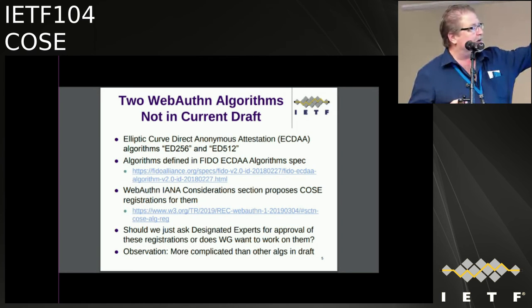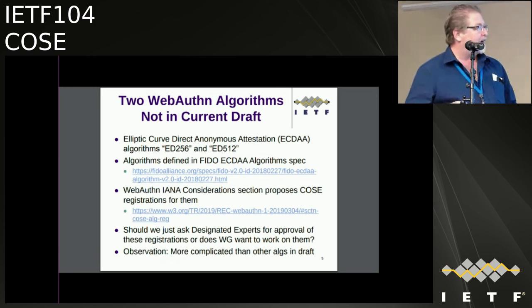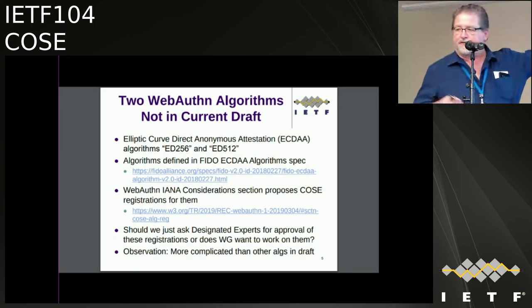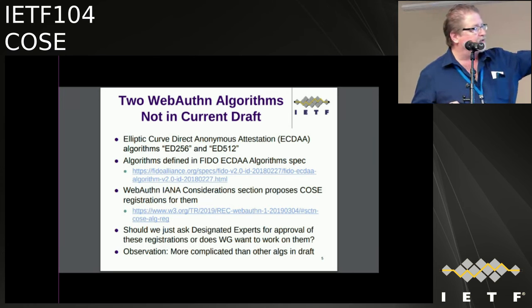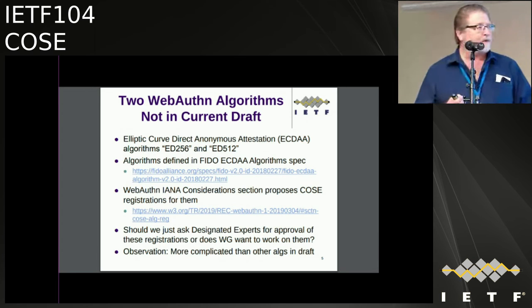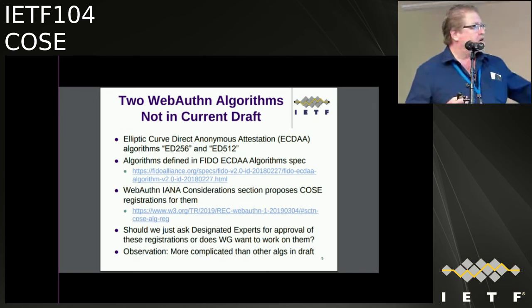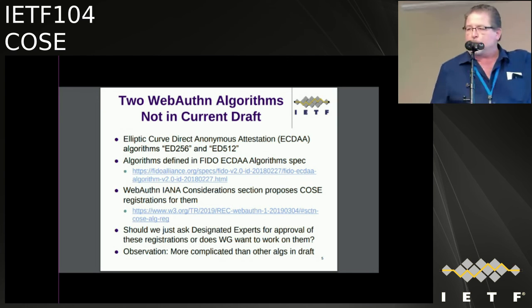There are a class of algorithms called elliptic curve direct anonymous attestation, ECDAA, that have COSE style identifiers ED256 and ED512. These were defined by Jan Camenisch of IBM and some additional people, I think Rolf from Nok Nok, and originally done in a FIDO1 UAF context.